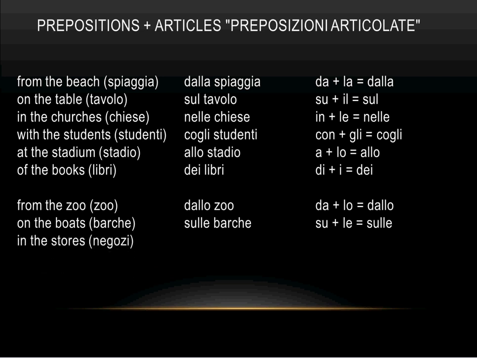What about in the stores? Negozi. Did you say nei negozi? You needed in plus the definite article i for negozi. Leaves you with nei negozi. What about with the girl? Ragazza.